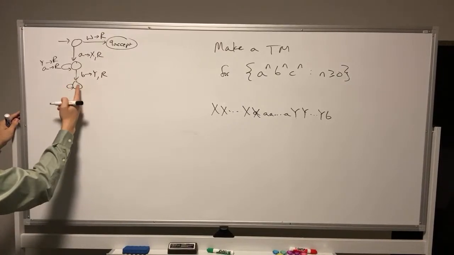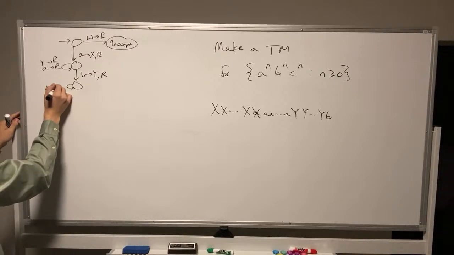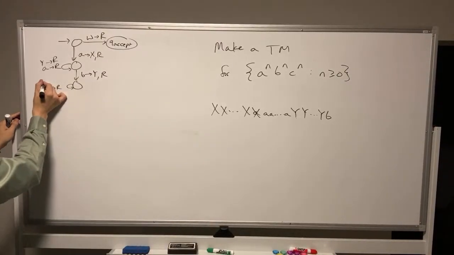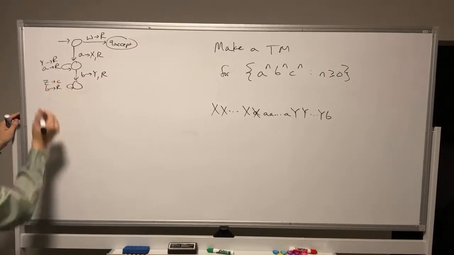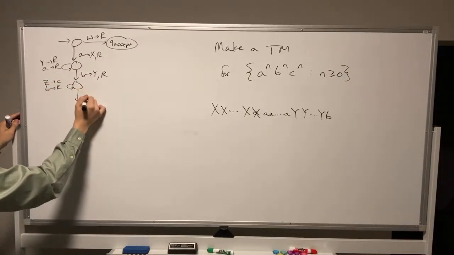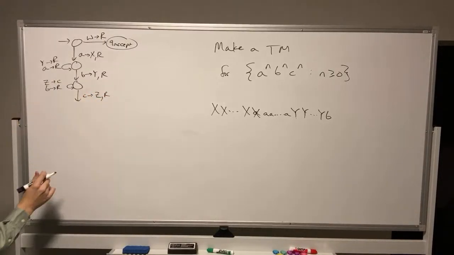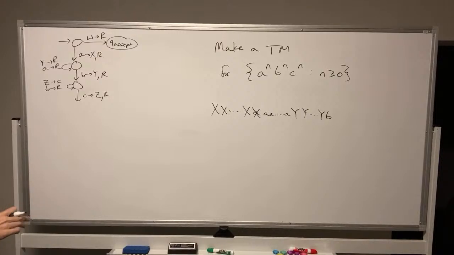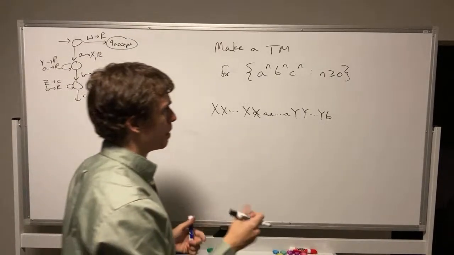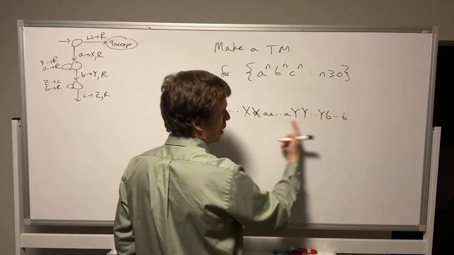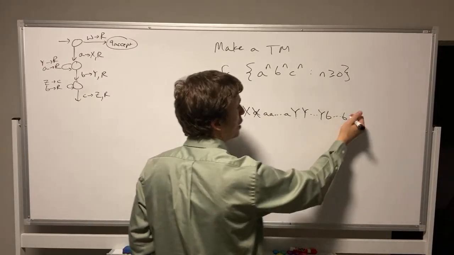Then there might be some more B's after the fact. And we might see some of the Z's corresponding to C. And then we're going to do something similar with the C's: change one of them, and then move right. Well, here, actually, we can be a little bit more efficient. We have a bunch of B's here, and these were the converted B's to Y's.